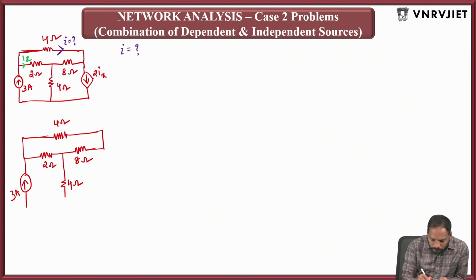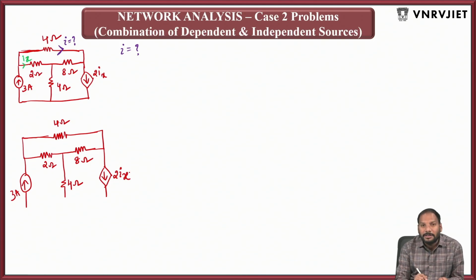Now this is a dependent current source. The rhombus shape tells us it is a dependent source, and the arrow tells us it is a current source. It is depending upon Ix, so I can call it a current dependent current source.